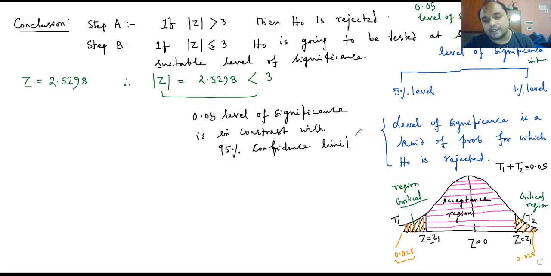Just like black and white. If 0.05 to you is black, 95% confidence limit is white, like this. So they are in contrast with one another.